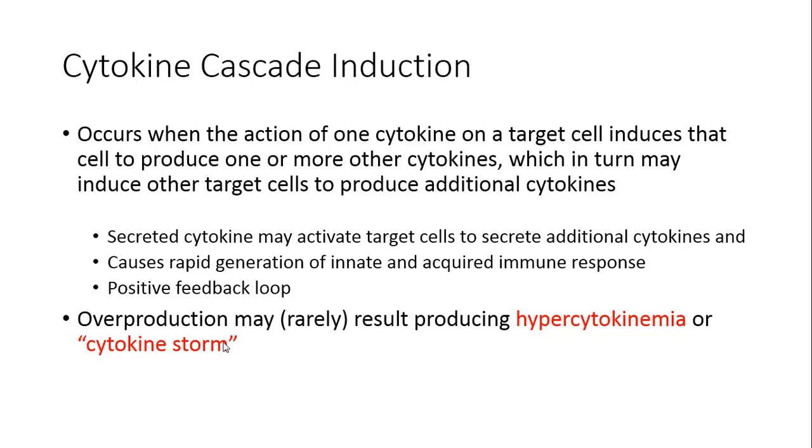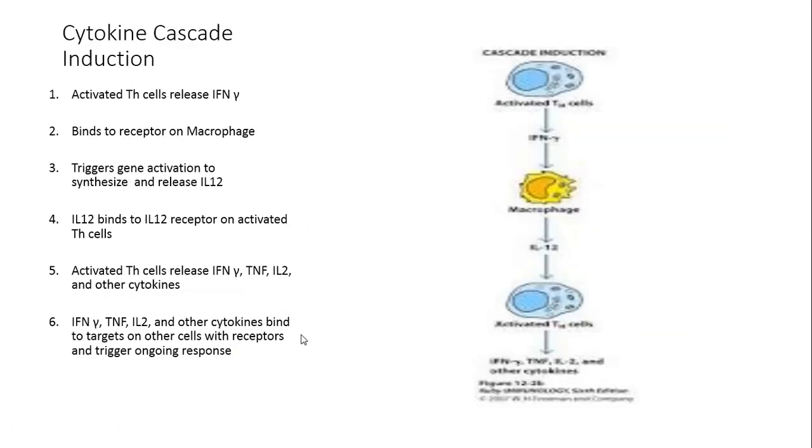That massive overproduction and really the inability to regulate the cytokines through a feedback loop, whether it's positive or negative, results in this overproduction of cytokines and causing a cytokine storm. Let's look first at the cytokine cascade induction, and we'll talk a little bit more about cytokine storms in just a minute.